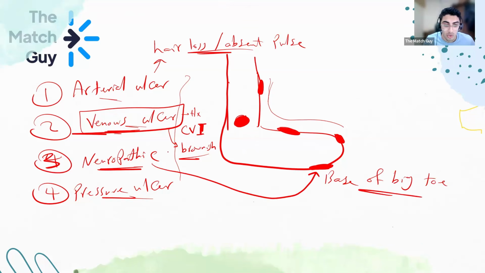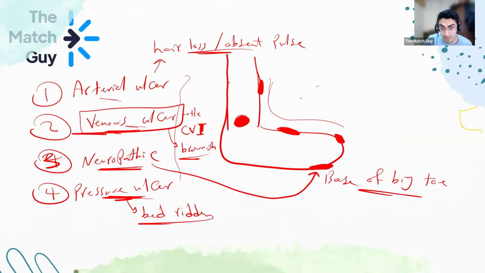What about the pressure ulcer? So pressure ulcer happens in patients who are bedridden. They are immobile. So if this patient is bedridden, guys, what is the most dependent part? The closer to the gravity.